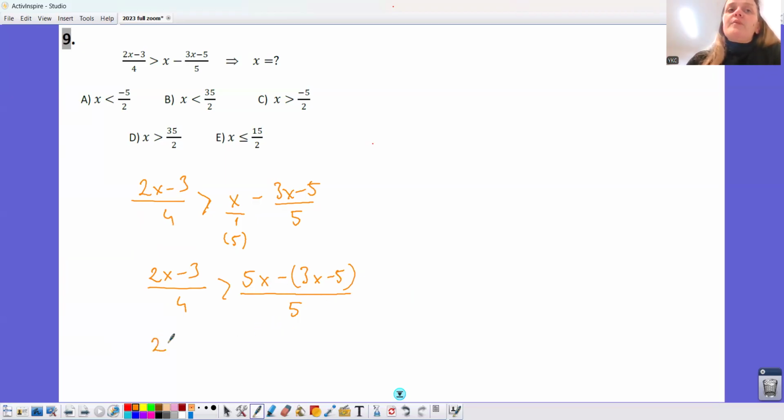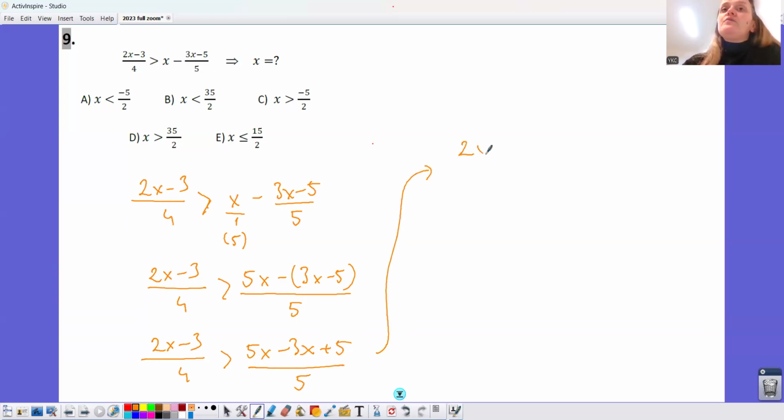Then let's see what happens. (2x minus 3) over 4 greater than 5x minus (3x minus minus plus 5) over 5. Then I will continue here. (2x minus 3) over 4 greater than (5x minus 3x) plus... it's (2x plus 5) over 5.